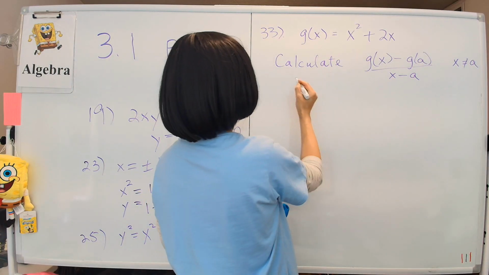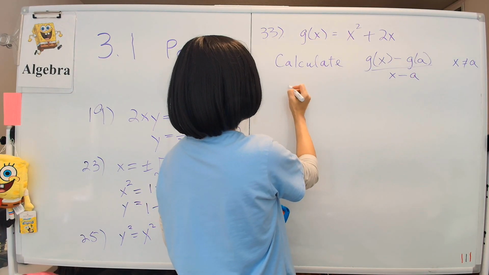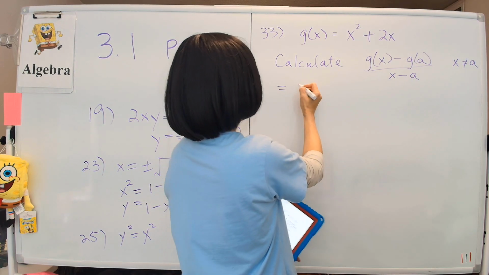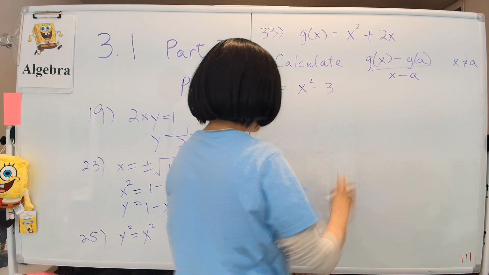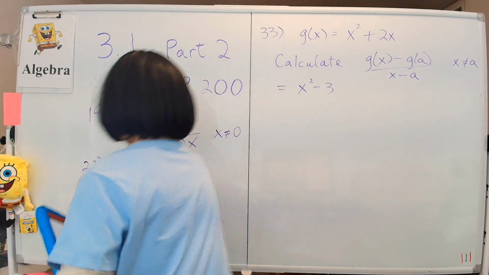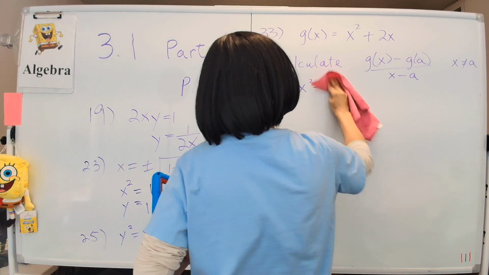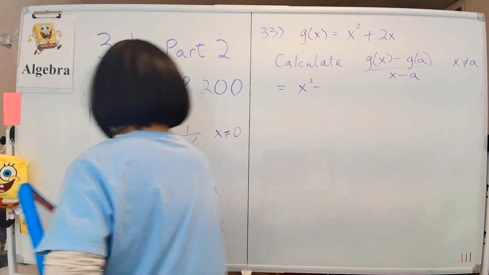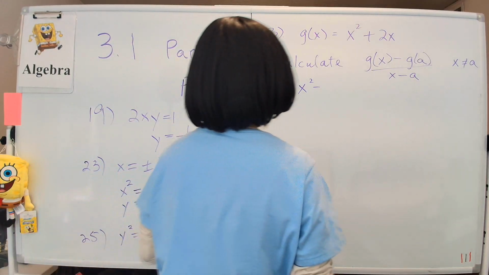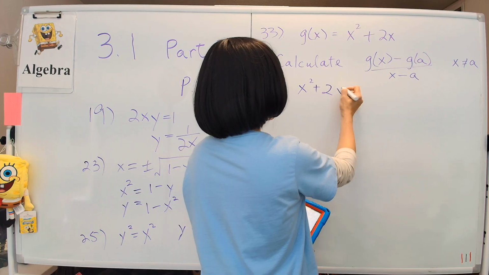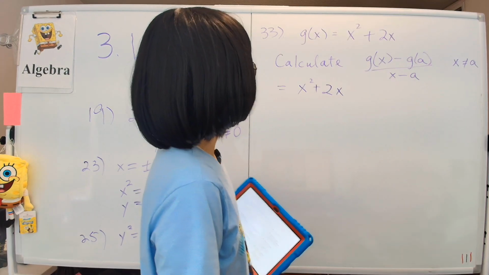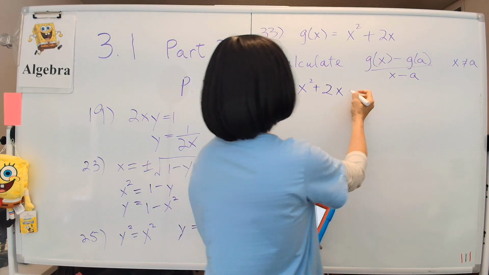Now, so how are we going to do that? Well, we're going to write everything out like it says, and then see what happens. So g of x is x squared. I'll copy down g of x right here, which is x squared plus 2x. And then g of a is minus.